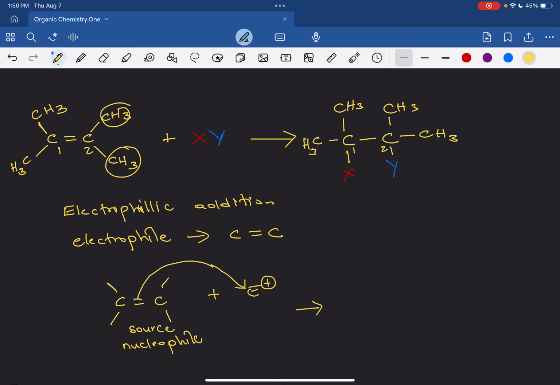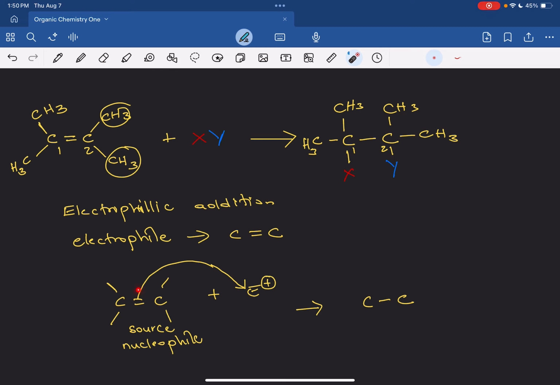Now, let's talk about what happens when this happens. So you're drawing an arrow from the double bond to the electrophile. When the arrowhead ends here, what we're forming is a bond, not a lone pair, okay? The double bond breaks, leaving you only with a single bond, right?